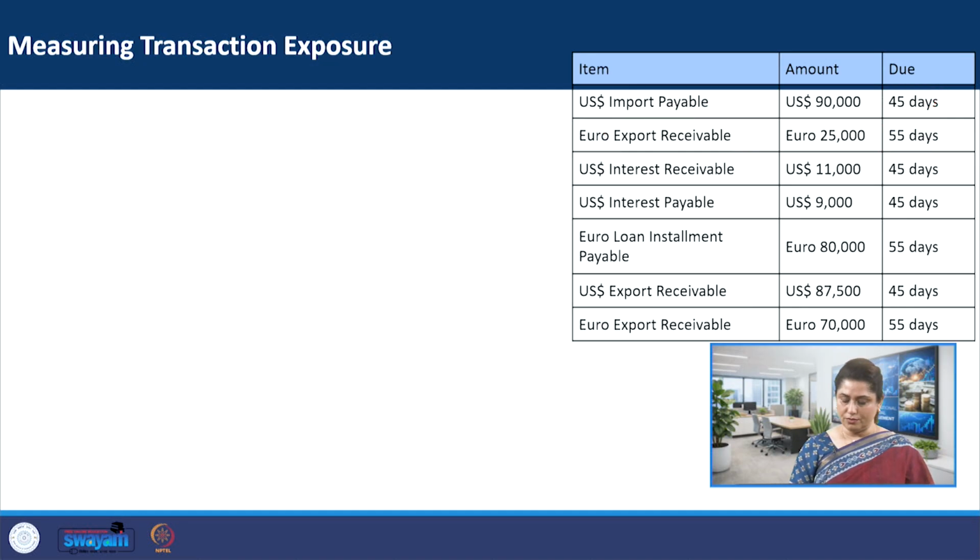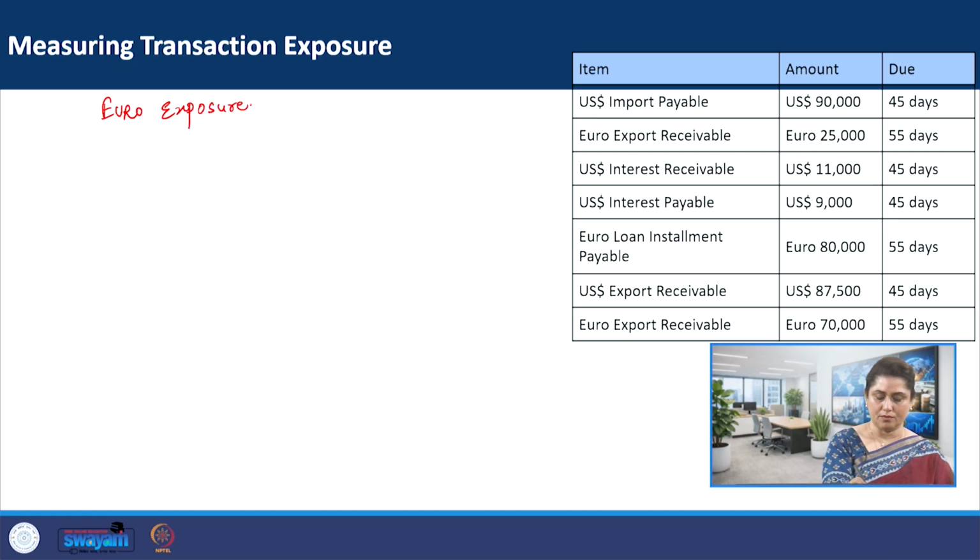Now we will also find out the euro exposure. What is the euro exposure? Here we will see what the various receivables are. We have euro export receivables, then we again have another euro export receivable. Both have to be received in 55 days. We also have to make a euro loan payment, in installments, and here also the maturity date is 55 days.